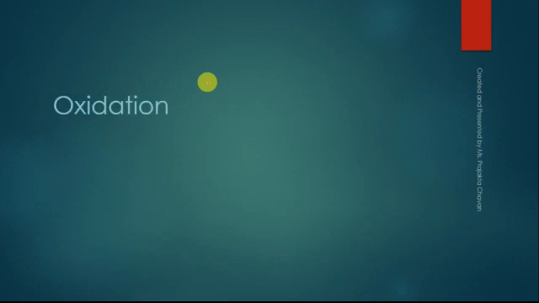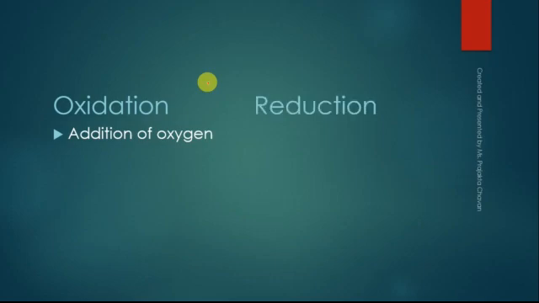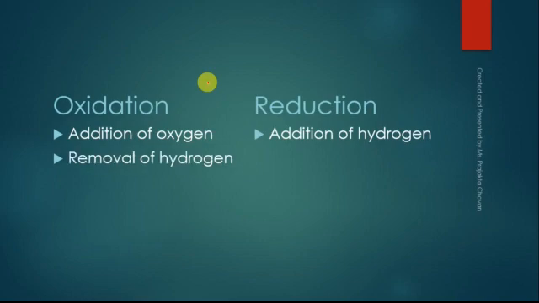We were talking about oxidation, it is addition of oxygen. We spoke about reduction, it is addition of hydrogen. Also, we may say oxidation is removal of hydrogen and reduction is removal of oxygen.